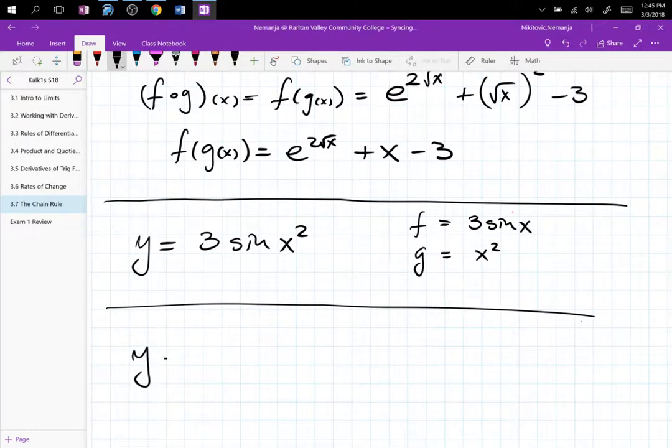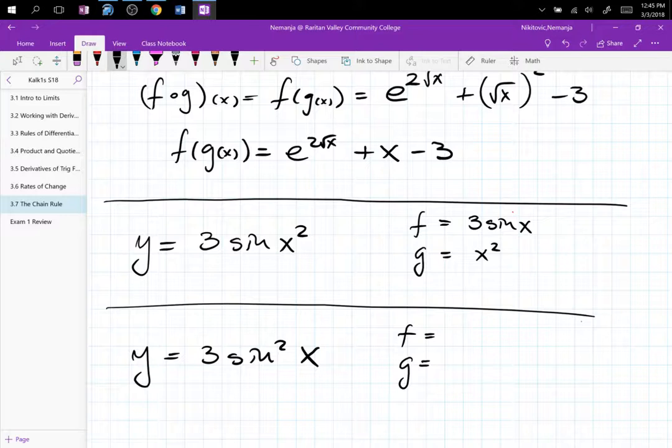How about y equals 3 sine squared x? What's f, what's g? Very close, but not there. Yes?